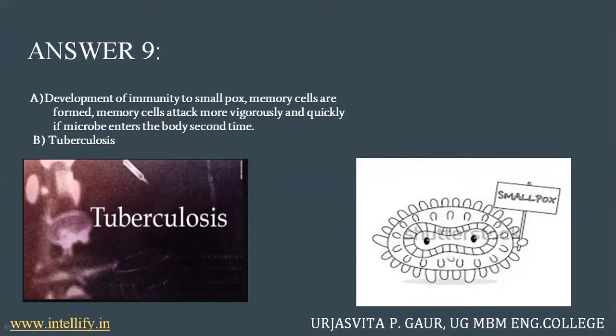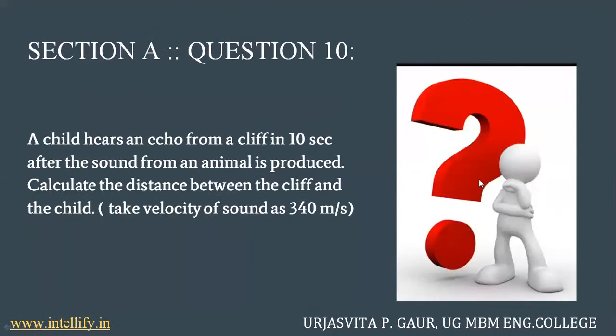So now let's move on to the last question of the module, which says: a child hears an echo from a cliff 10 seconds after the sound from an animal is produced. Calculate the distance between the cliff and the child, taking the velocity of sound as 340 meters per second.